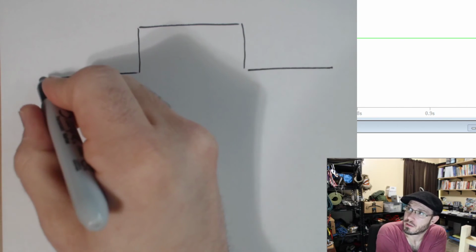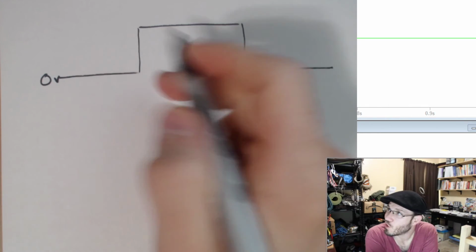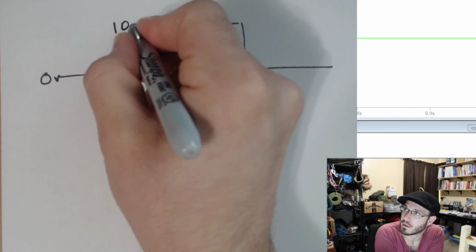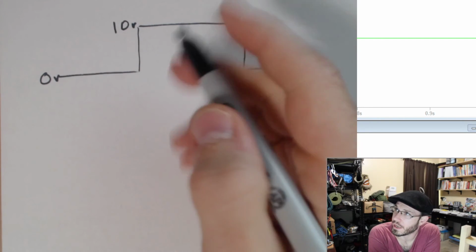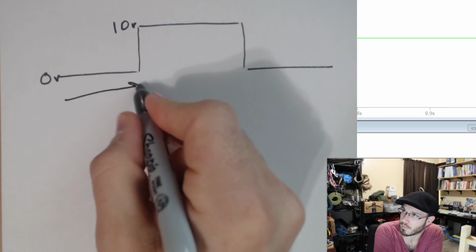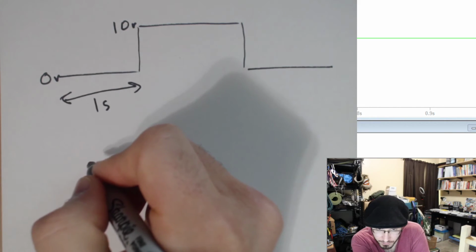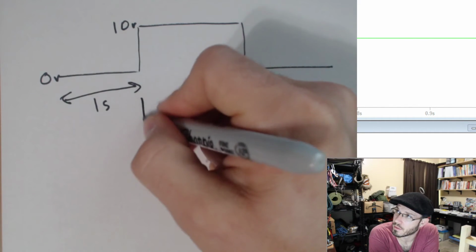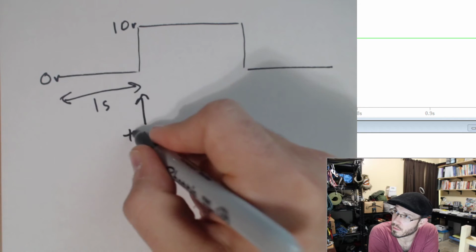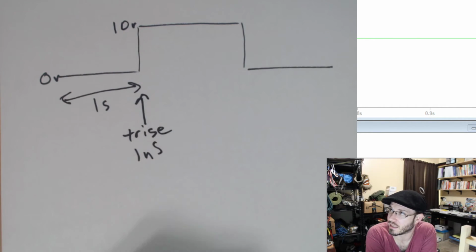V initial, 0 volts. V when it goes on, 10 volts. The time delay before it goes on, 1 second. The time to rise, 1 nanosecond.